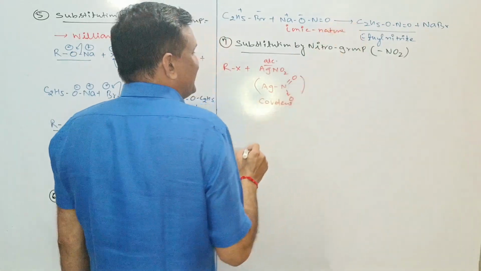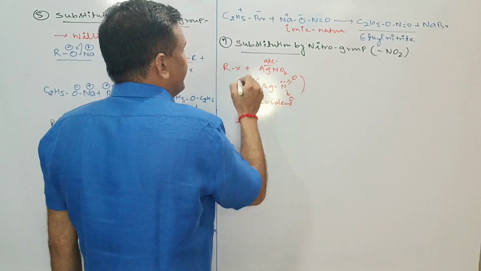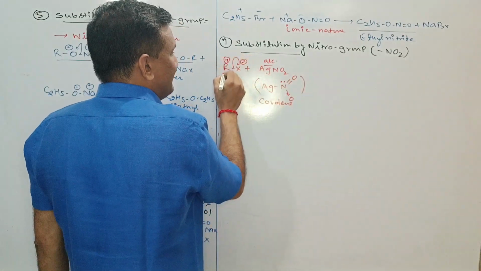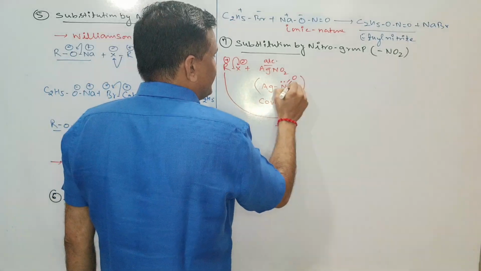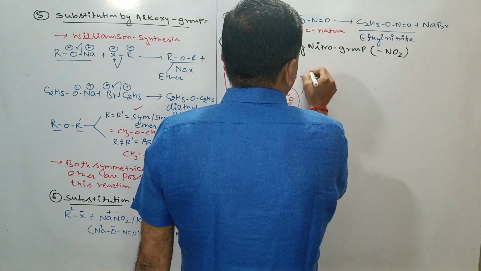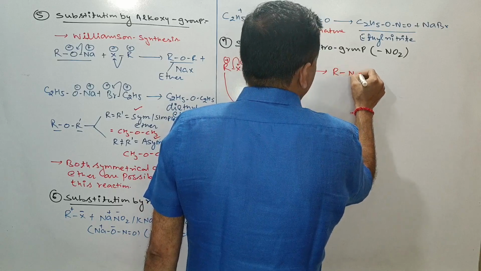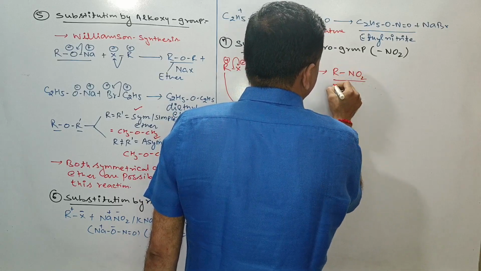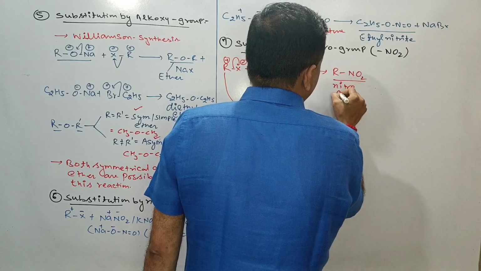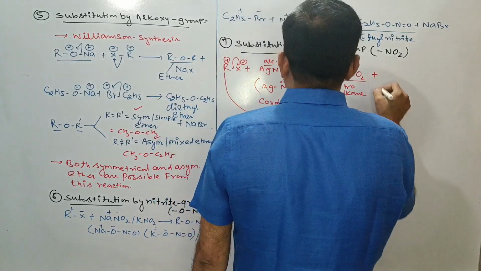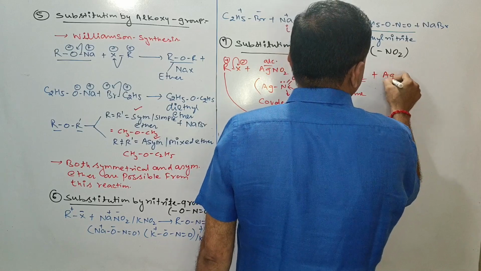Due to the covalent nature, the attack will be as follows: R will attack from the back side of the nitrogen. That's why there will be formation of RNO2, nitroalkane, and AgX.